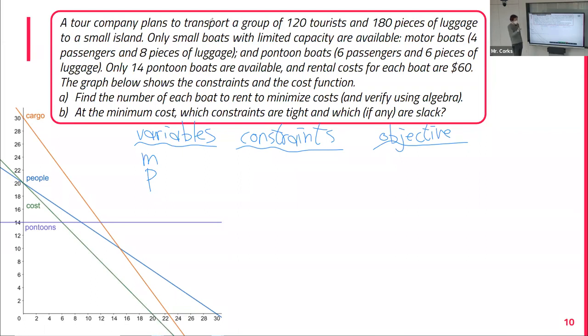That's how we would calculate it. What's the objective? What's the goal? Right, minimize cost. So minimize cost. And now we need an equation to calculate cost in terms of our 2 variables. What will that be?